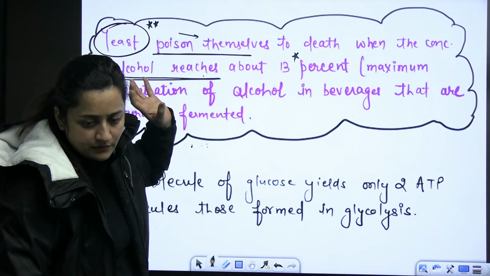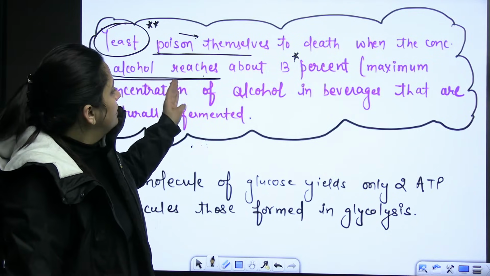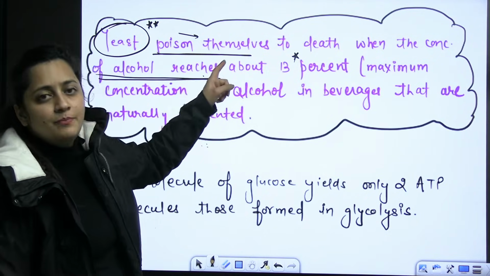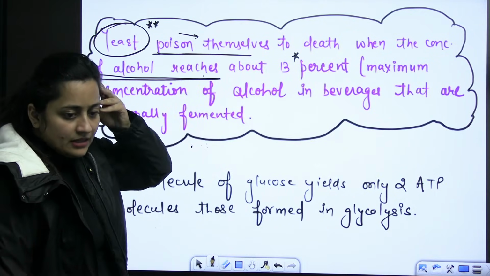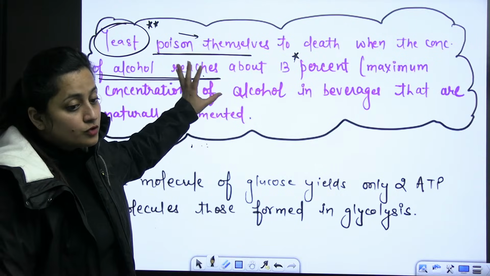So yeast will poison itself to death. Basically, it belongs to this chapter, and I also discuss it in microbes so that you remember it.